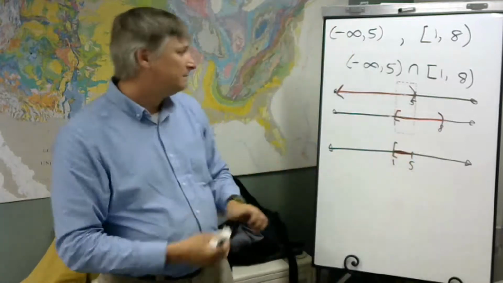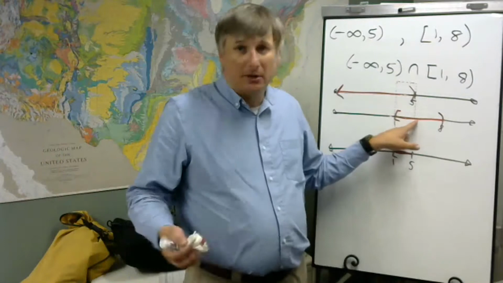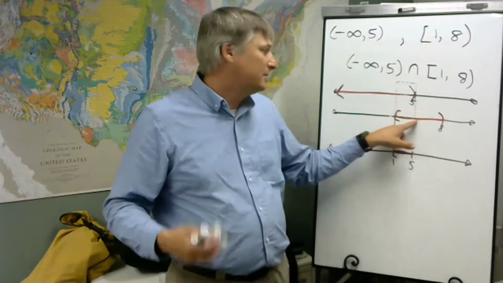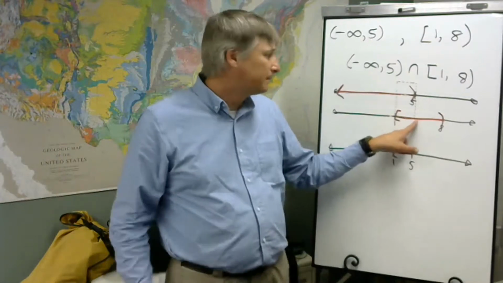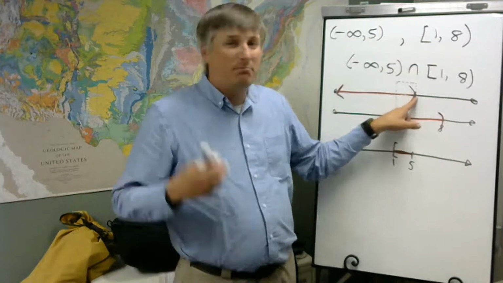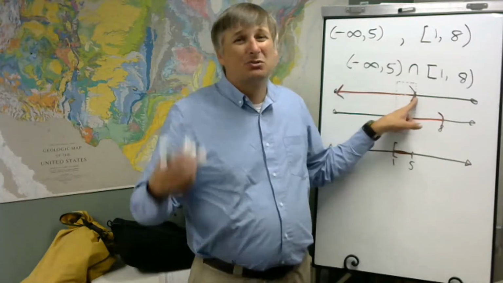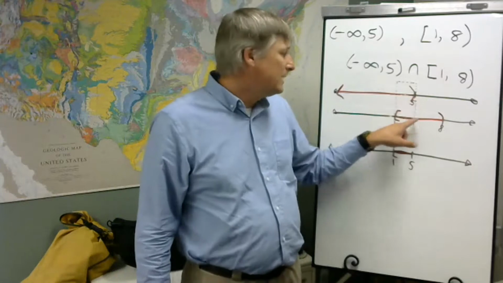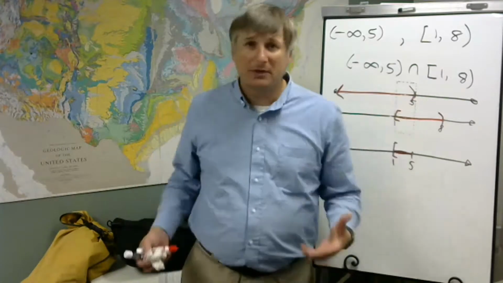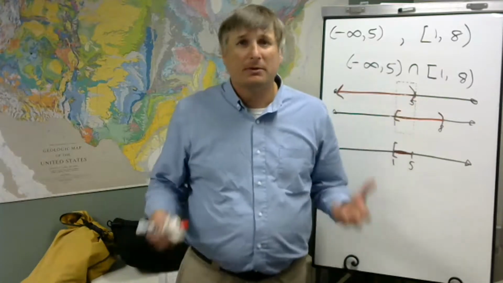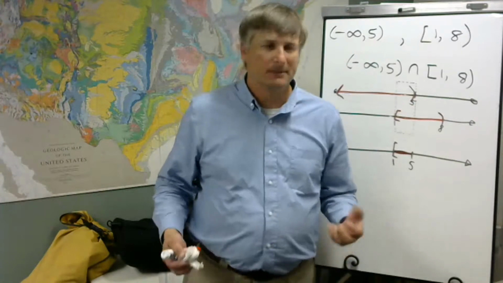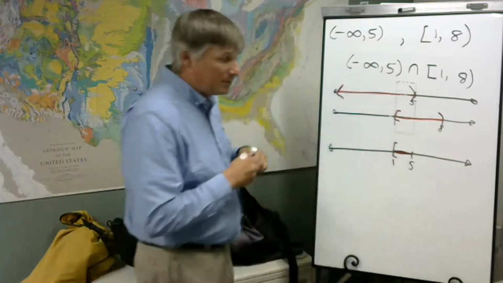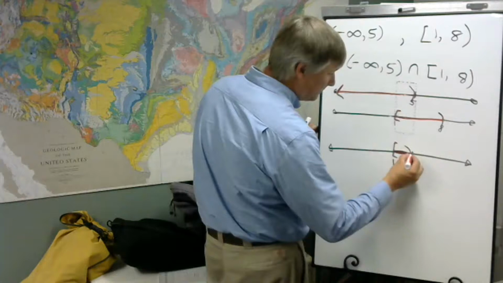Now let's look at 5. Now 5 is here. It's taken for granted that it's part of this interval. And here it's a boundary, but it's an excluded boundary. So 5 isn't actually here, even though it is here. But with intersection, we only want numbers that appear in both intervals, not just one. That means we're going to exclude 5.